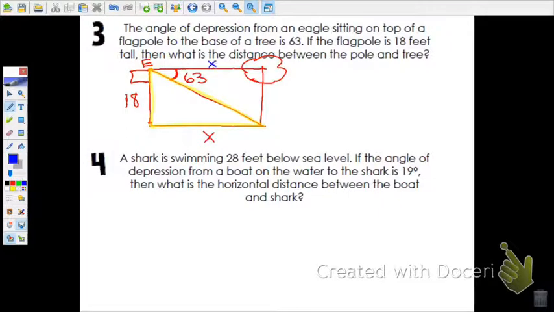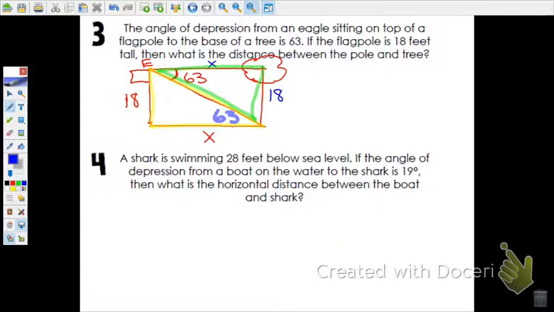Yep. So I could move the X up there, and I can move the 18 over there, and then I can use this green triangle. If I wanted to use the yellow triangle, I would use that we know my angle of depression and angle of elevation are alternate interior. So either way, you're going to have the same information in those triangles.